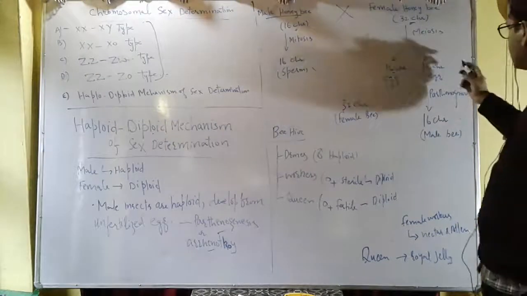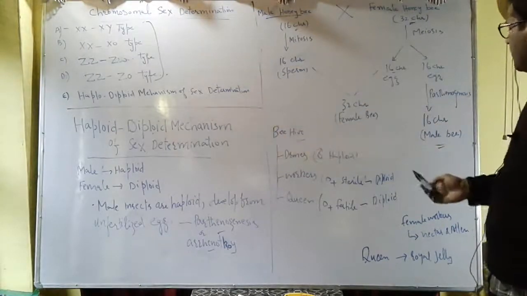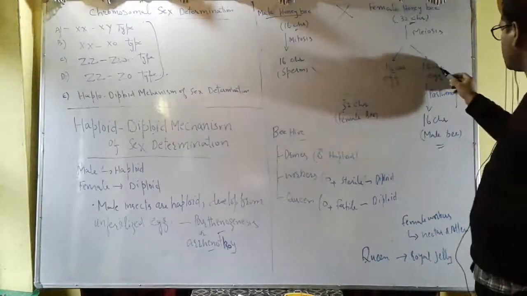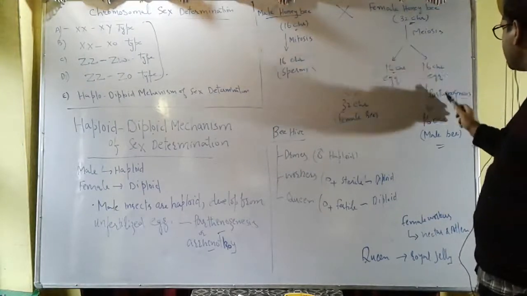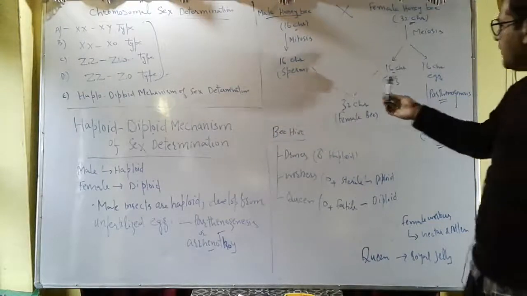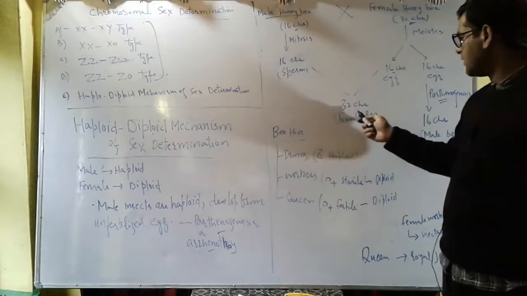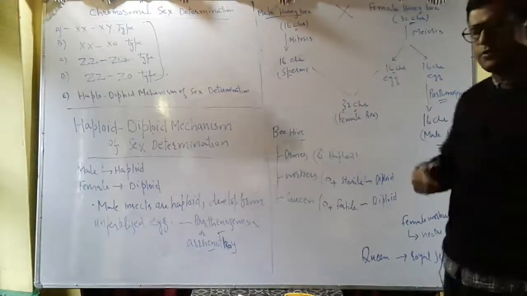Now this unfertilized egg will develop into the male bee by means of a phenomenon known as parthenogenesis, without fusion. But the sperm will fuse with the egg cell and result in the formation of the zygote.